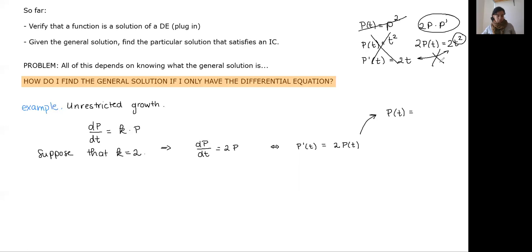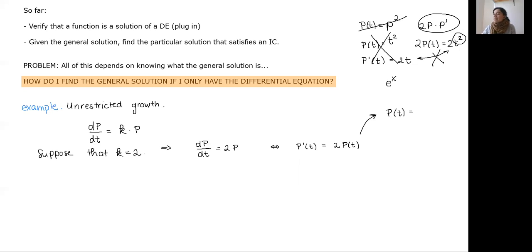E to the x. Can you say the function again? E to the x. E to the x, okay, yes. Yeah, that's good. So e to the power of x is a function whose derivative is itself. Everybody agrees with that, right? So we have that e to the power of x is a function whose derivative is the same as itself.